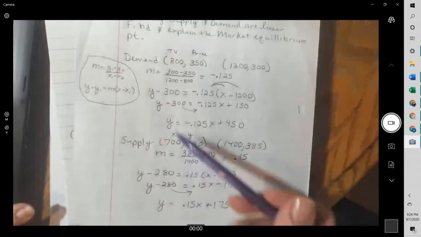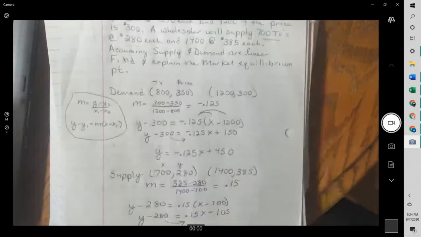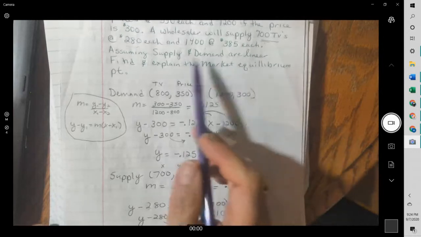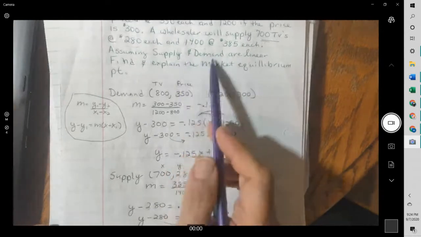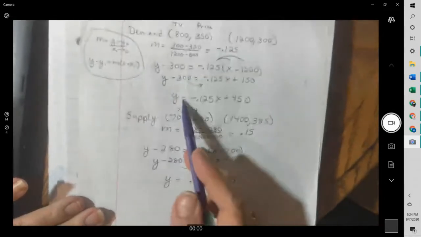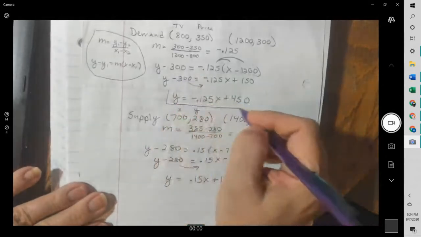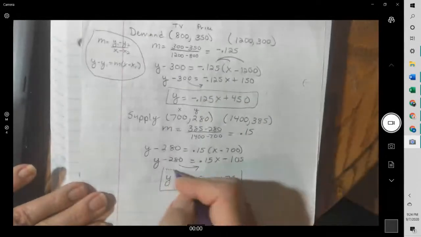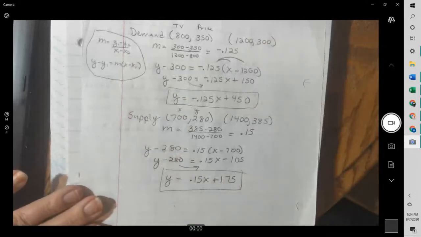This is our supply and our demand. We want to find when they are at an equilibrium, and we have an equilibrium when supply and demand are equal. Well, they're both solved for y, so we can just set them equal.